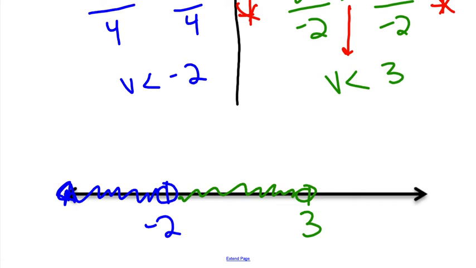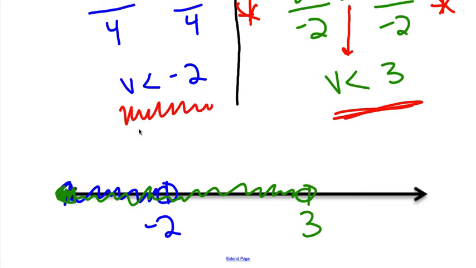And again, we don't stop at negative 2, keep it going. So really, the answer to this would be v is less than 3, because all of the numbers here are included in this set. So all of the numbers less than 3 would be your answer for this one, and you want to graph it like that.